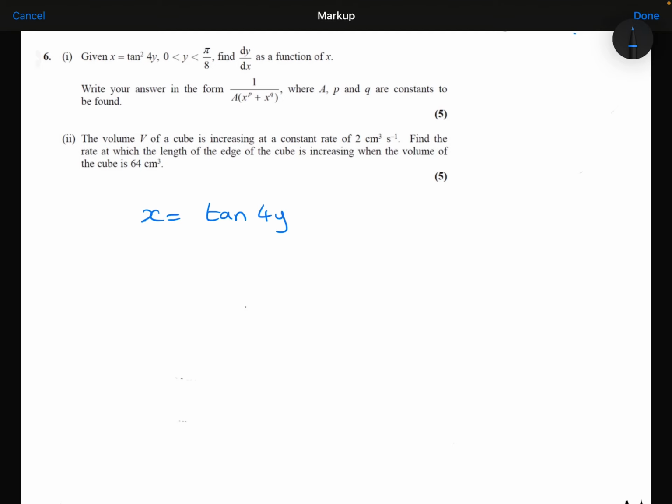I'm going to rewrite the tan squared 4y in this form. This is exactly the same as this, but it just makes it a little bit clearer as to how the chain rule is going to work, because I've got the tan 4y inside the squared function.